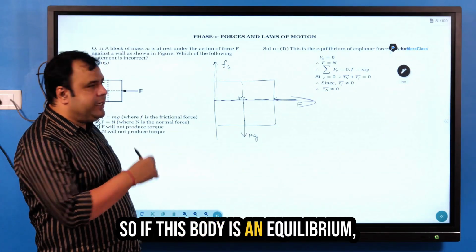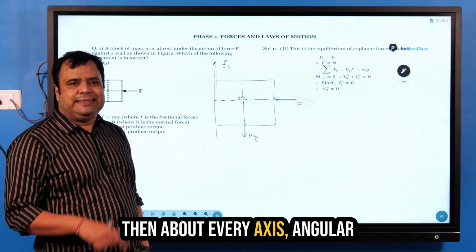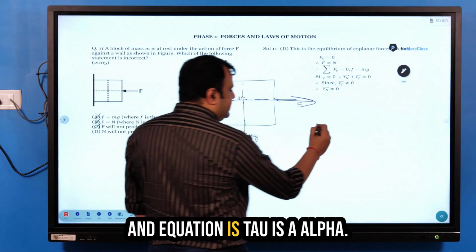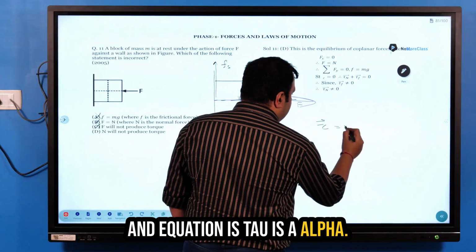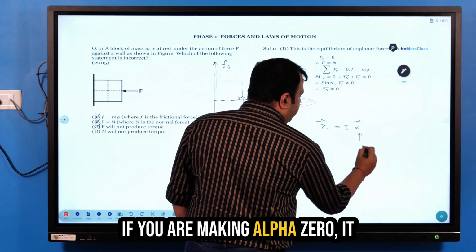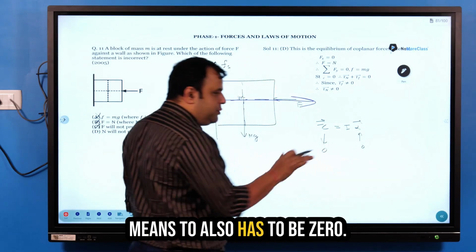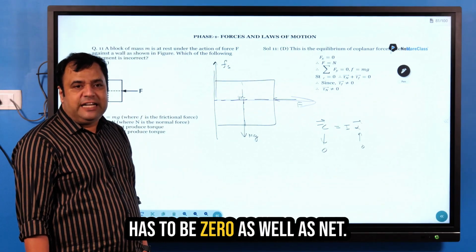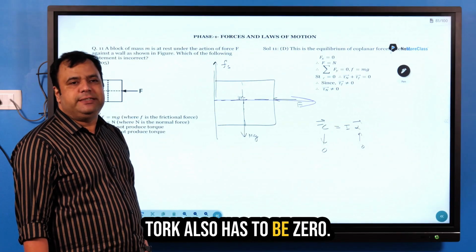So if this body is in equilibrium, then about every axis angular acceleration will be 0. And the equation is tau equals I alpha. If alpha is 0, it means torque also has to be 0. Meaning in this case, net force has to be 0 as well as net torque.